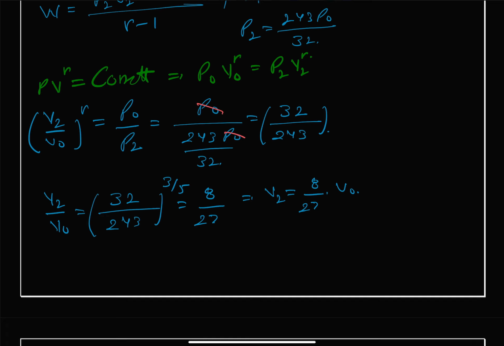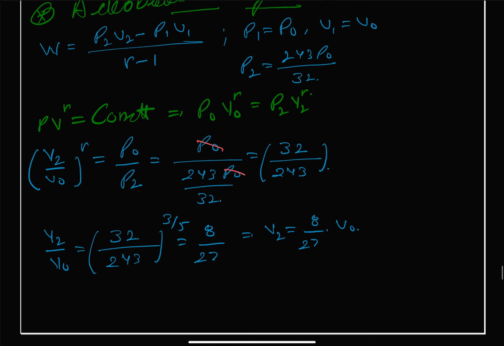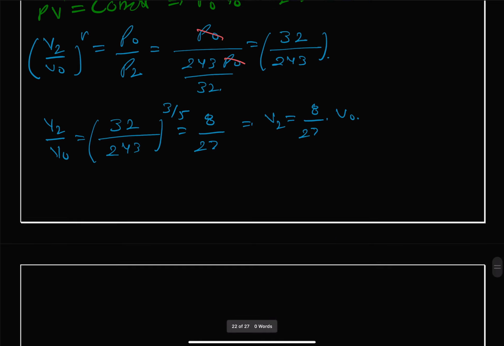And I think that is sufficient. If you require, we can solve other things later on also. And we need gamma minus 1, so gamma minus 1 will be equal to 5/3 minus 1, which is 2/3.